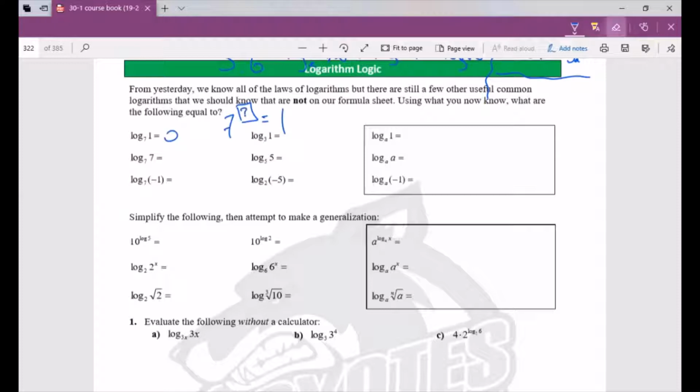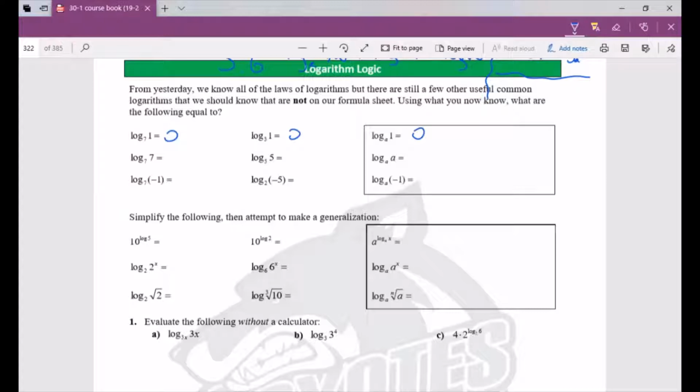Anything to the 0 is 1. Logarithm of 1 base 3 is saying 3 to the what is equal to 1. So those are both 0. So we have a rule that logarithm of 1 base a, base anything you want, is always going to be equal to 0.